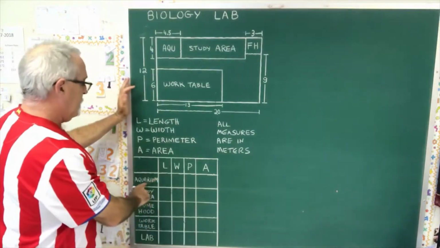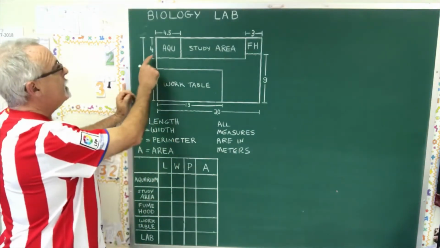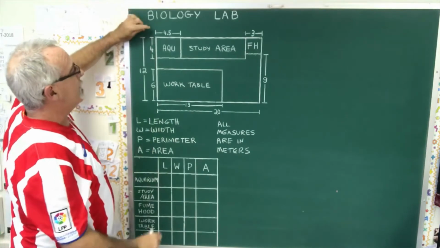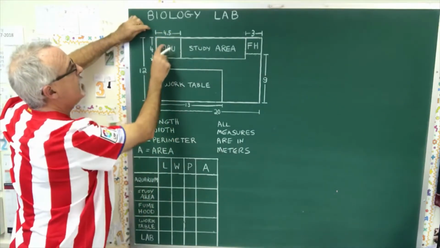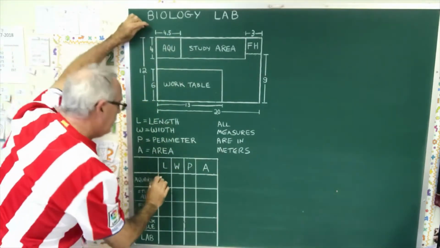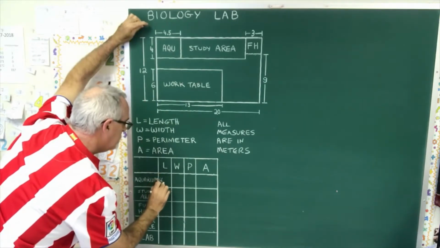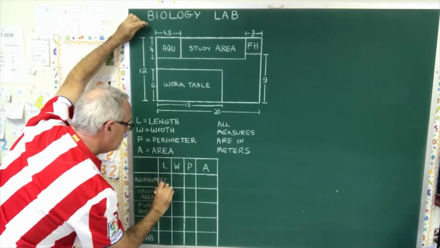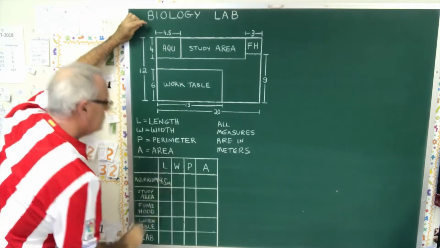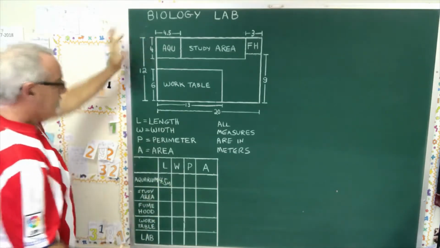So let's start with the aquarium. In this case, both the length and the width are given. The plan shows us that the length of the aquarium is 4.5 meters, and the width is 4 meters.